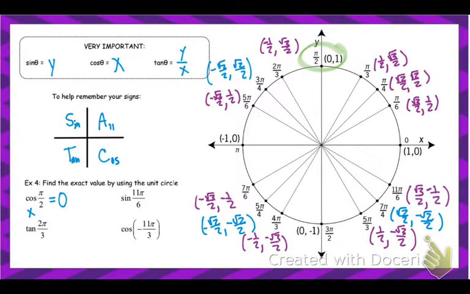All right, 11 pi over 6. So 11 pi over 6, it wants the sine, which is the y-coordinate. So at 11 pi over 6, my y-coordinate is negative 1/2. All right, tangent of 2 pi over 3. So I'll go to 2 pi over 3.